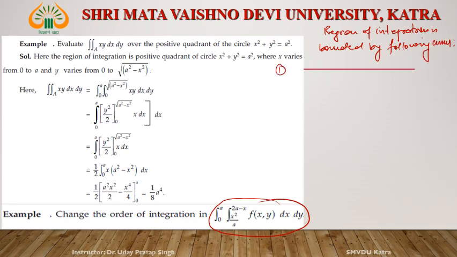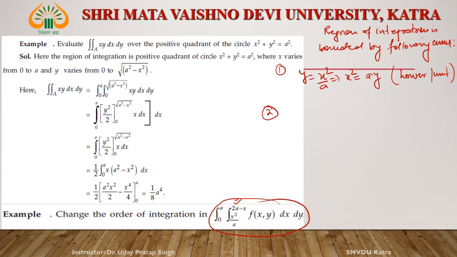Number one, see the limit of the internal integral is a function of x, so it is the limit of y. It means y is equal to x square by a, that is x square is equal to a y. It is the lower limit.